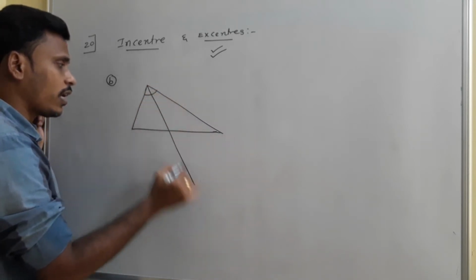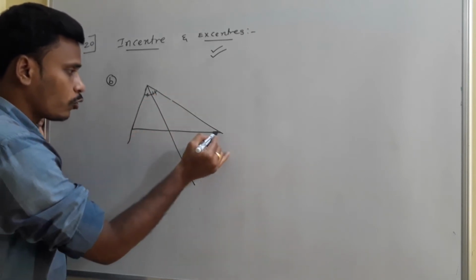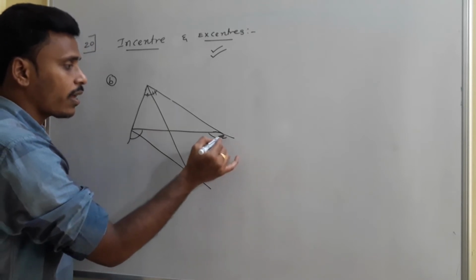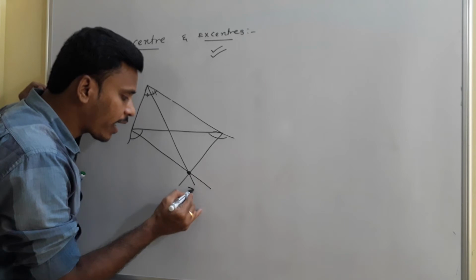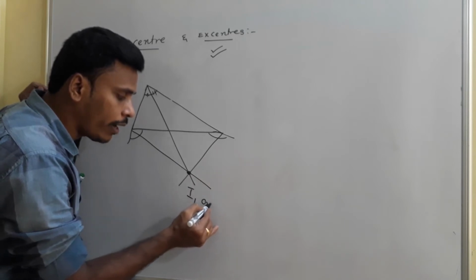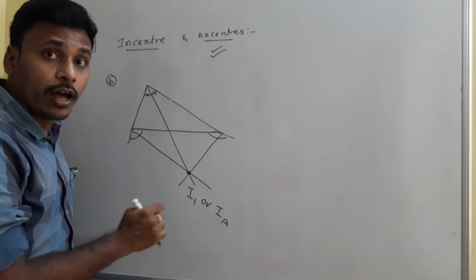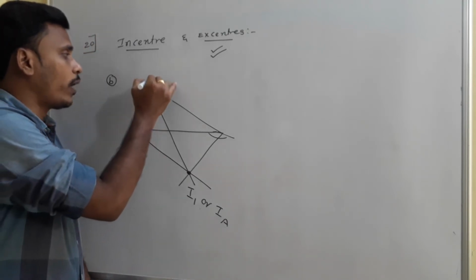So this is the internal angular bisector, and these two angles are equal. When you extend these two sides, here you get one external angular bisector, and here one more external angular bisector. These two external angular bisectors meet at a point denoted as A1 or I1 or IA, which we call the excenter opposite to vertex A.